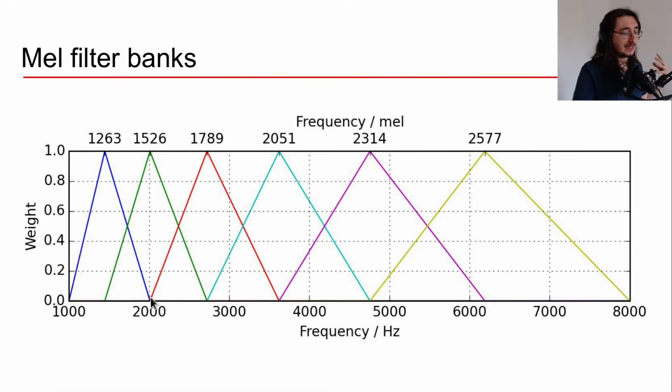Now, if you do the same thing again for the third Mel band, fourth, fifth, and sixth, you come up with the whole Mel filter bank, right? And these are triangular filters, okay? I hope you now have an understanding of what a Mel filter bank is.